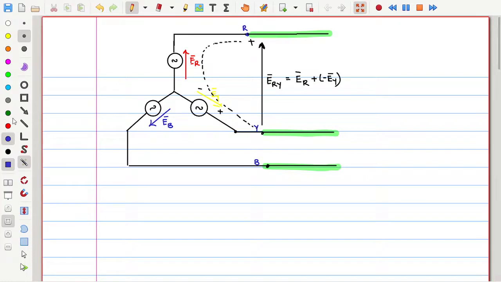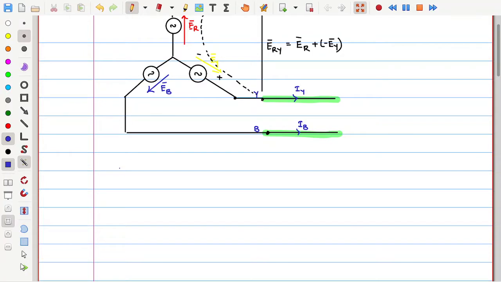And one more interesting thing is that the currents which are flowing through these lines, we call as the line current. So this is R phase line current, this is Y phase line current, and this is B phase line current. So like that we will have the phase and line quantities relationship, and especially what I want to highlight is that the phase voltage is equal to line voltage divided by root 3 in case of star connected system, and phase current is equal to line current.